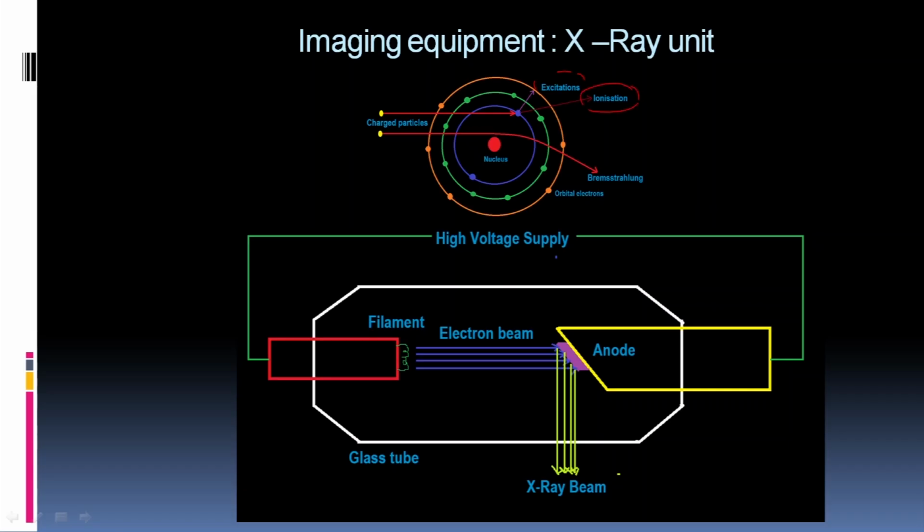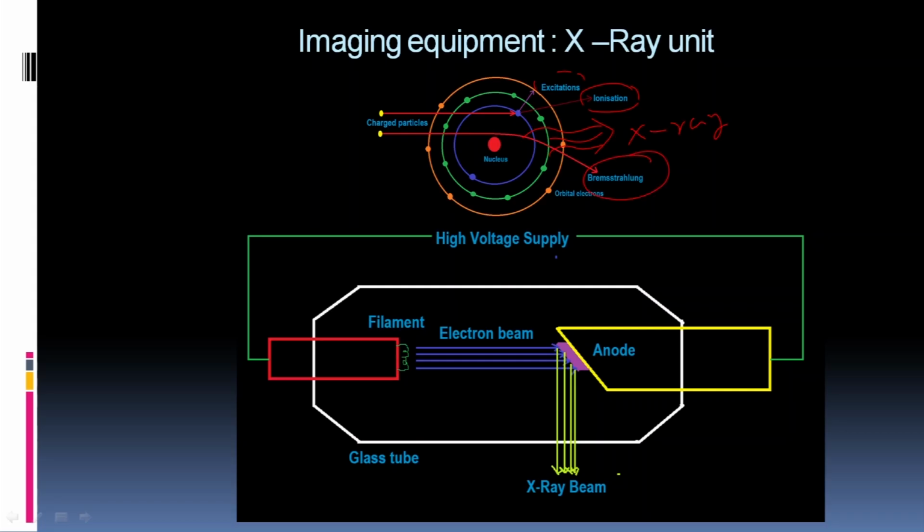But when the charged particle interacts with the nucleus, there is a change of direction, or a breaking of radiation, means the radiation has a break, and because of this break there is an emission of photons, and they are actually X-rays. These X-rays are known as Bremsstrahlung X-rays.